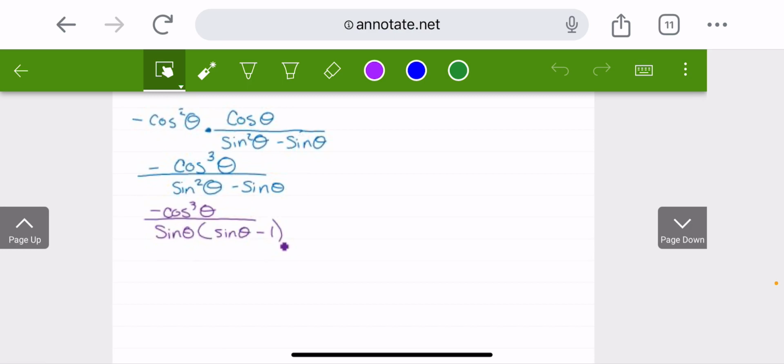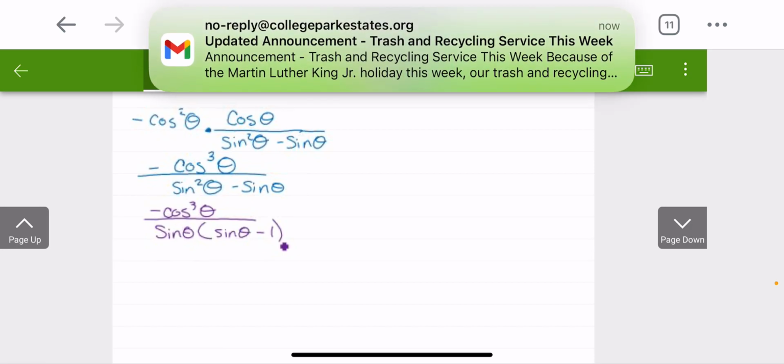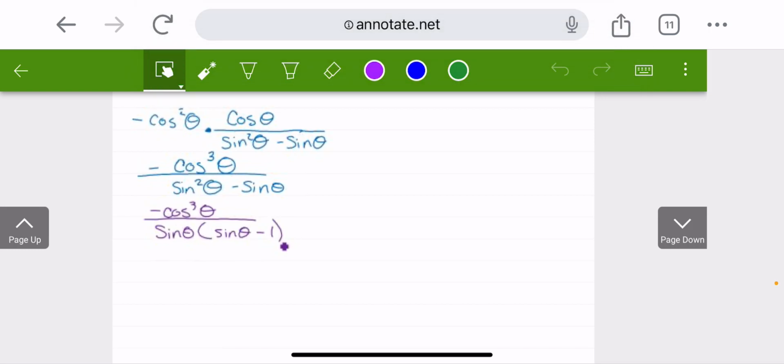All right, see that common factor? Similar vein, I can take my numerator and make that cosine times cosine squared and get a cosine and a sine out. So this can be cosine times the opposite of cosine squared.